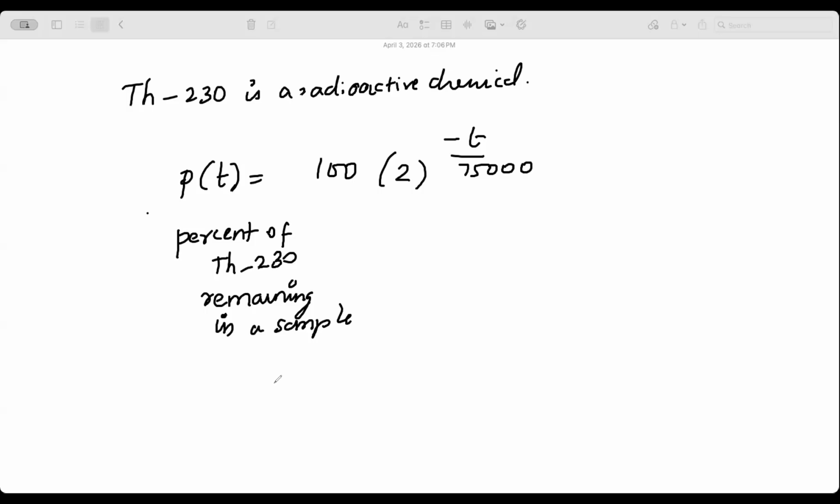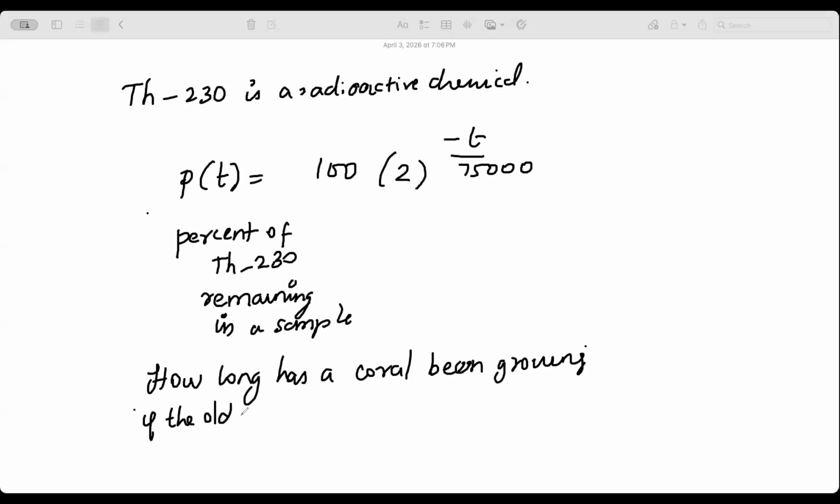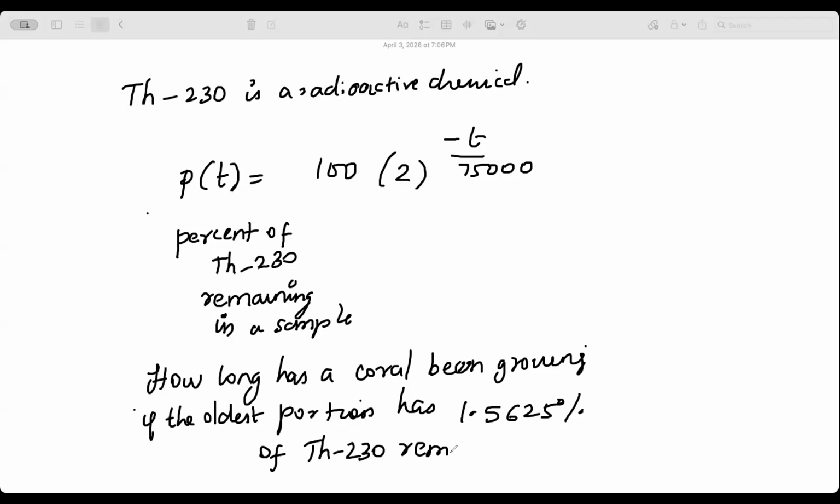Now, how long has a coral been growing if the oldest portion has, try this, if you don't know I'll do, has 1.5625 percentage of thorium 230 remaining.